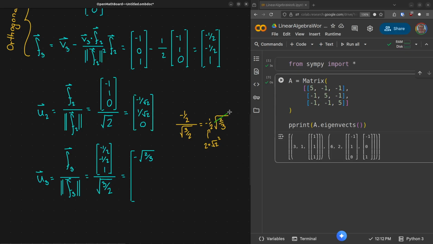So I could cancel this square root of 2 with one of these square roots of 2. And I'm glad I'm doing this because I realized I made a mistake here. That would give me 1 square root of 2 down here with a square root of 3. I'm going to get square root of 6 in the denominator. I wrote square root of 2/3, and that's not quite right. It'd be -1 over square root of 6.